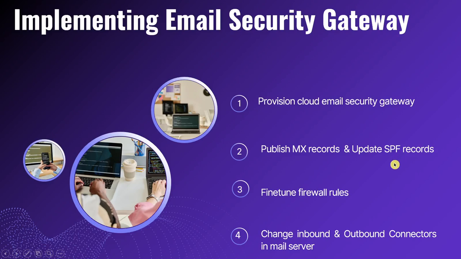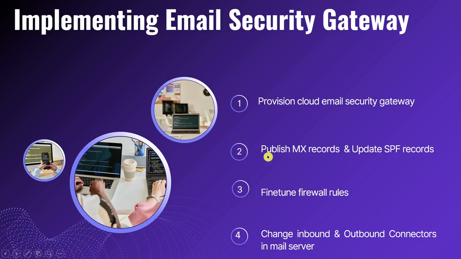That means both inbound and outbound mail will go through this Cloud email security gateway, so you need to update the Cloud email security gateway IPs in the SPF record. Otherwise your mail may be marked as spam or blacklisted. So make sure to update the SPF record with your Cloud email security gateway's IPs or host names.